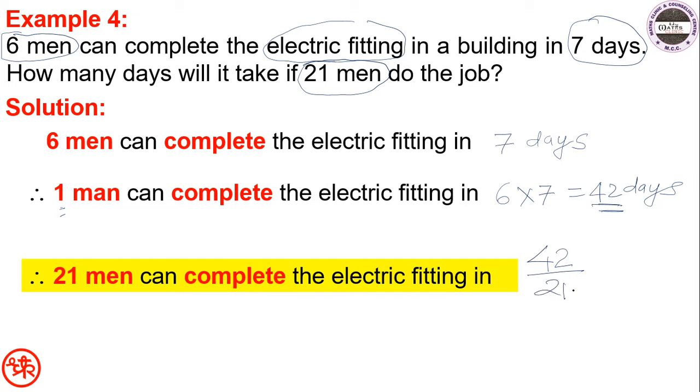Okay. As men increase, the number of days decreases. And that is equal to how many days? That is equal to 2 days. Is that clear? That is the final answer. Is that clear?